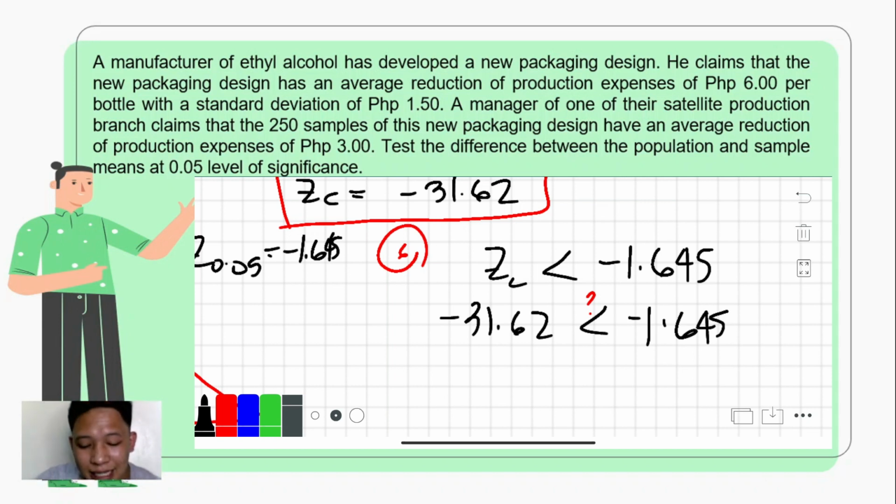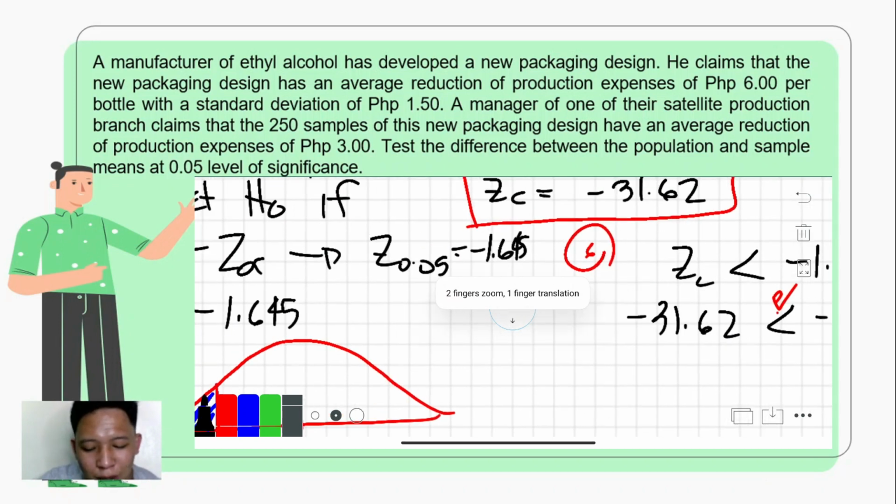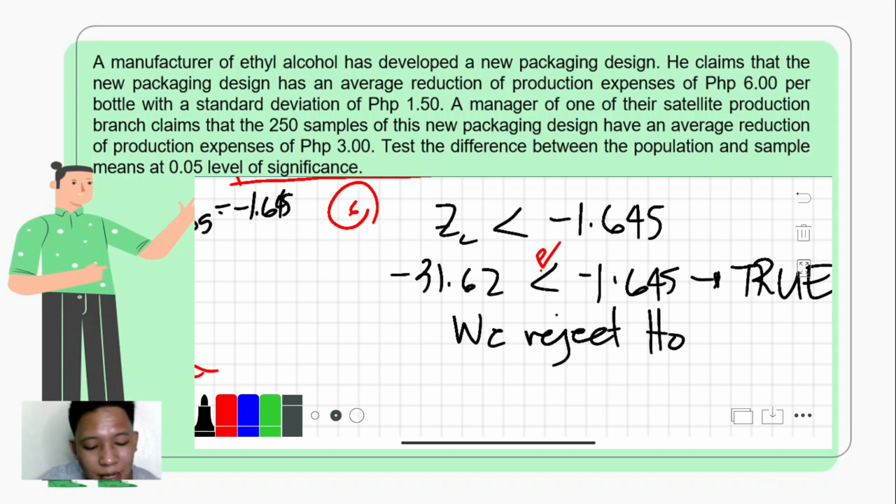By looking at it, the statement is true. Hence, since it is true, we reject our H0.